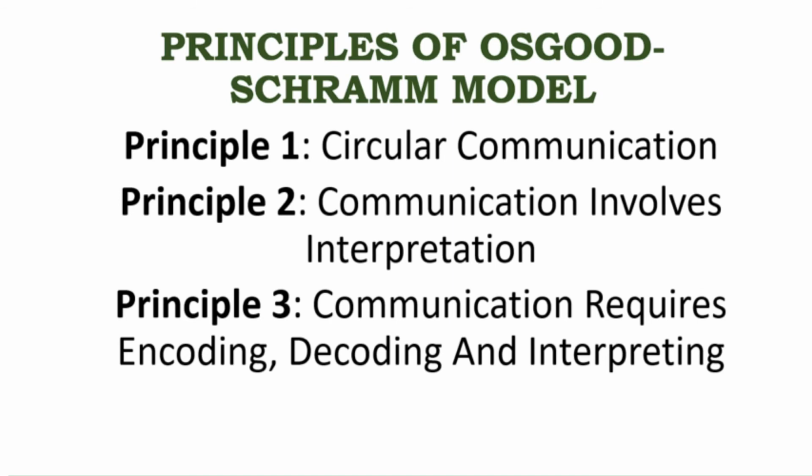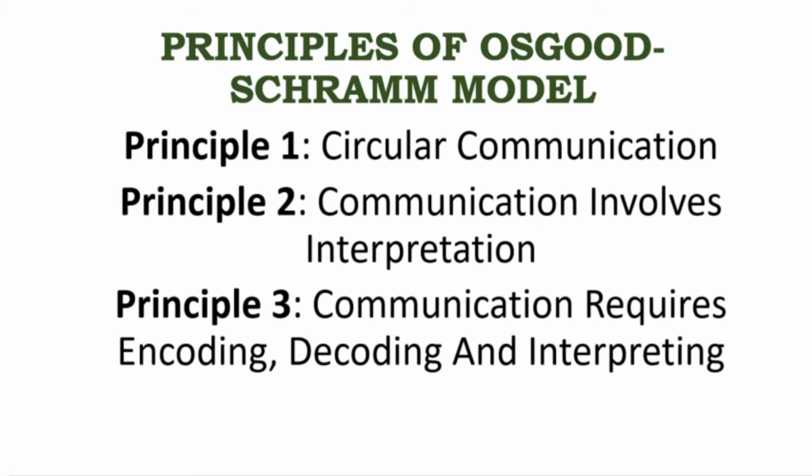And the last one we have here, interpreting. Now that we understand the medium of communication, we can go about interpreting the message. What does it mean to you? One person may interpret the message in a totally different way to someone else, or they may not understand it the same way as the encoder, meaning they have misinterpreted the text.